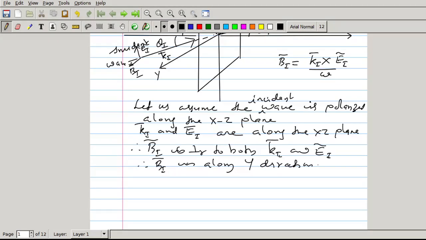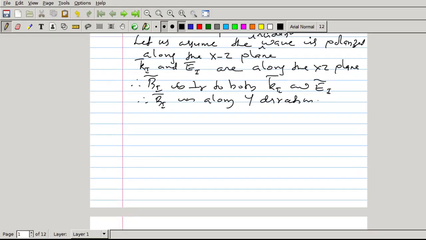Now we can write the wave vectors associated with the incident, reflected and transmitted wave. We are assuming a monochromatic plane wave. A monochromatic wave has only one frequency, and during reflection and transmission the frequency remains constant.